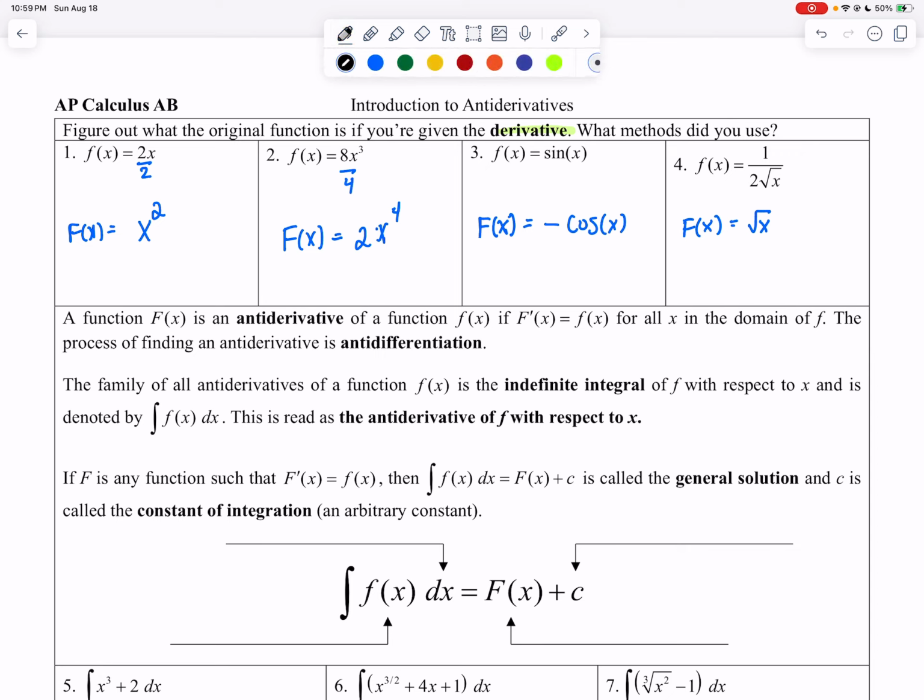Because what I could do here is plop a pi or an e or a 3 or a 2 here. And if I plop a constant, remember that the derivative of a constant is going to be 0, which still gives us our derivative of 2x, 8x to the 3rd, sine of x, or 1 over 2 root x.